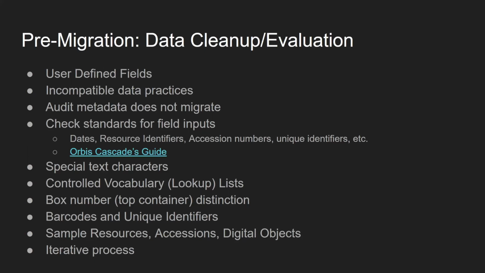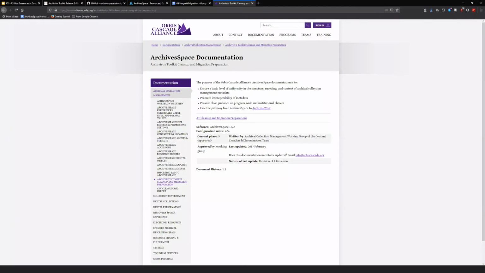Check for what fields are standardized as best as possible. This includes dates, resource identifiers, accession numbers, finding aid unique identifiers, and others. There are ways to check for this in Archivists Toolkit, as well as MySQL. See Orbis Cascades Guide for more info on this found here.